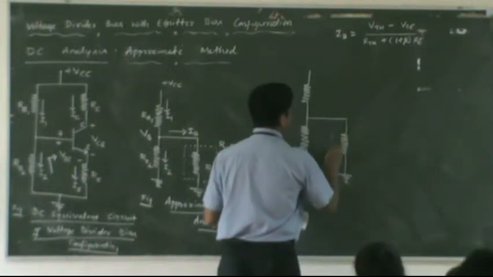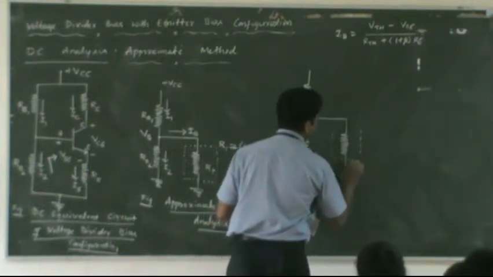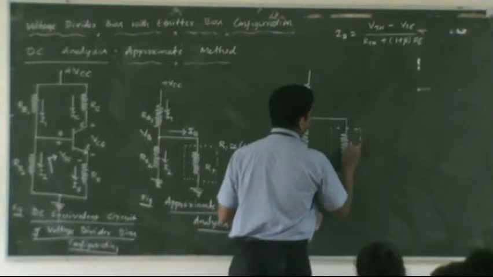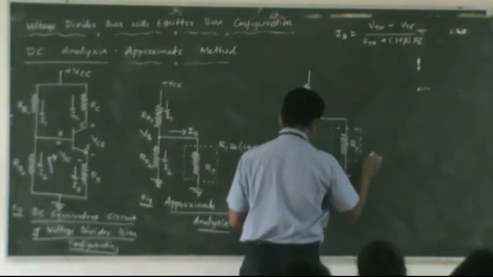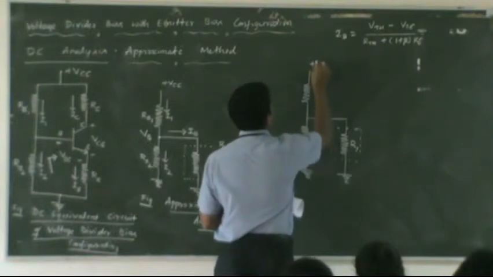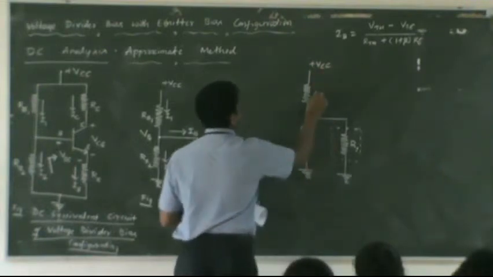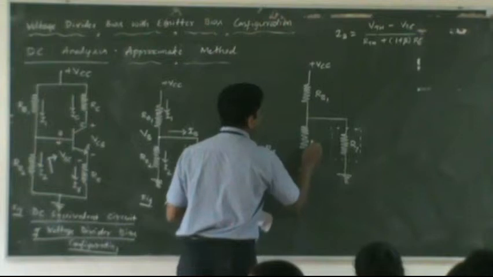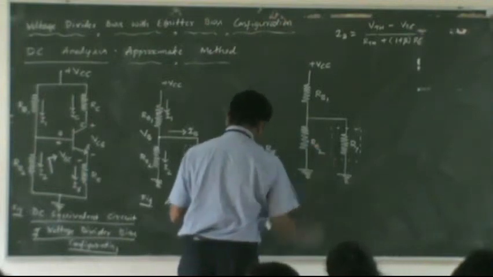This is the virtual resistance which we indicate with dotted lines, and this resistance is Ri. This is the plus power supply VCC. This is RB1. This is RB2.